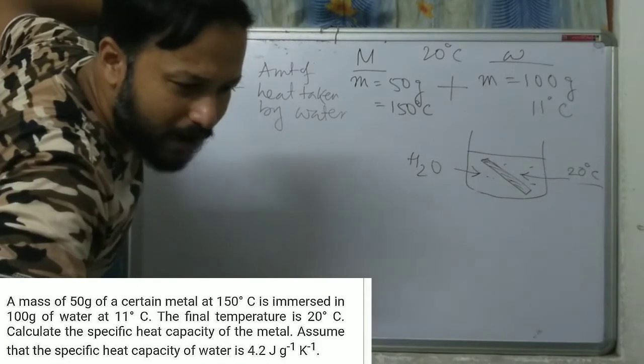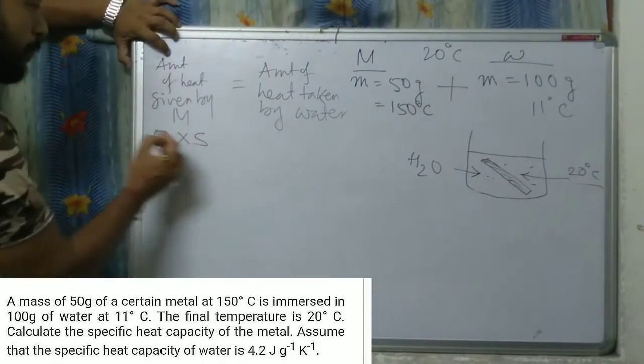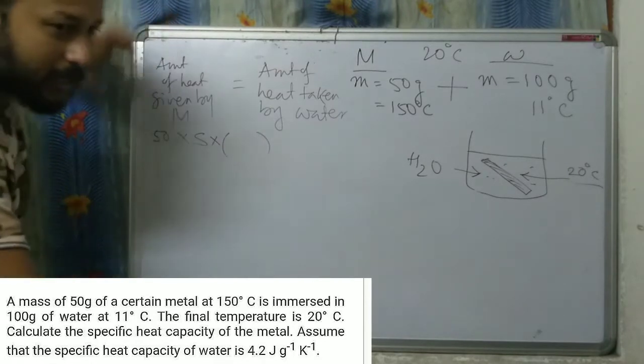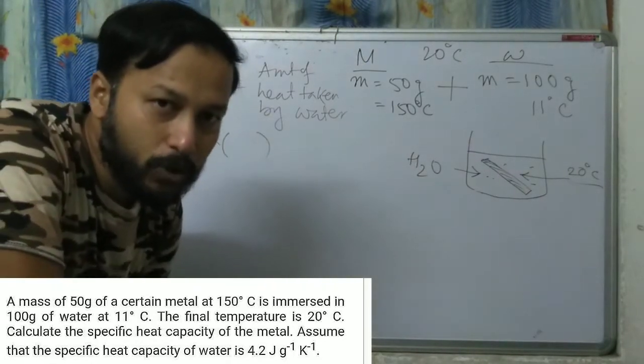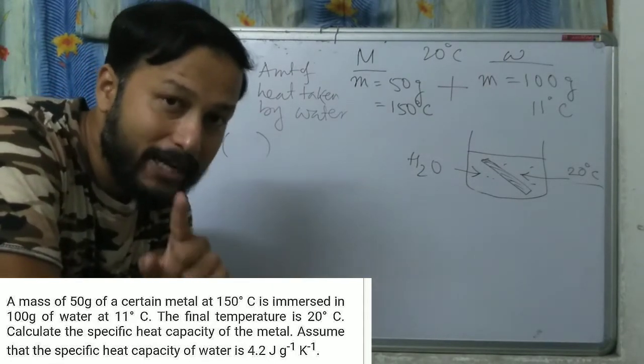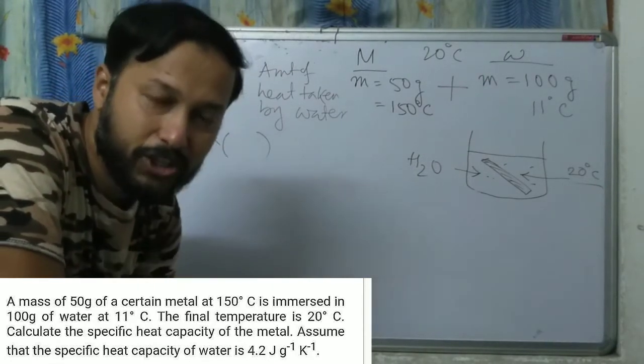We have to find it. Yes. Specific heat capacity into (T2 minus T1). Since metal is giving heat, you have to write the temperature of the metal first.